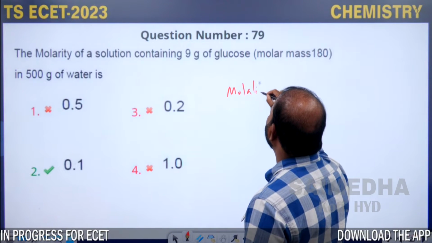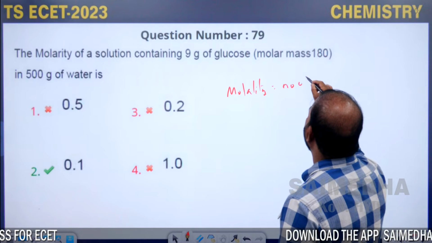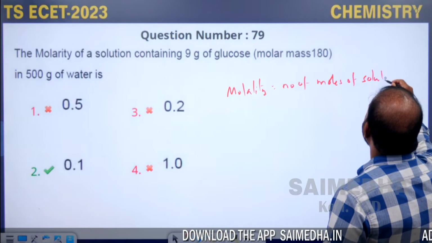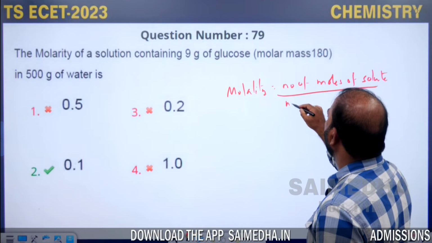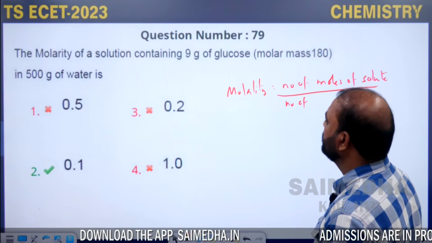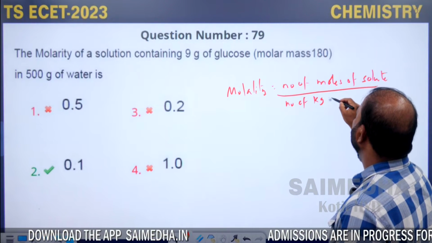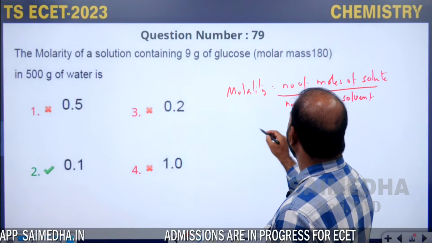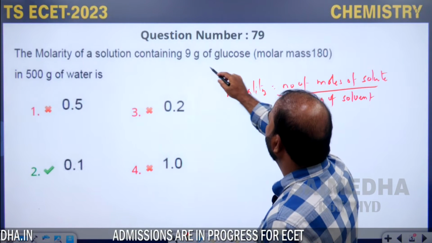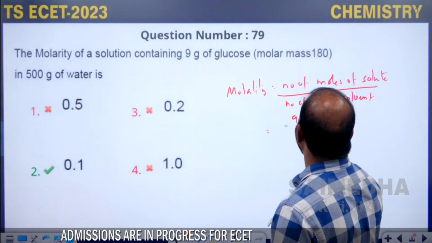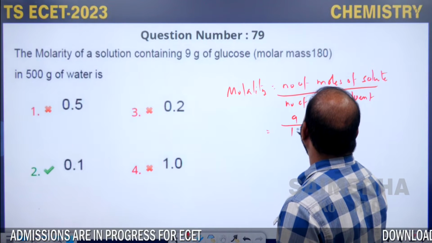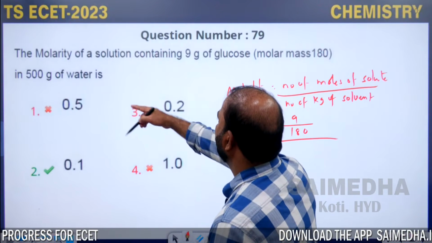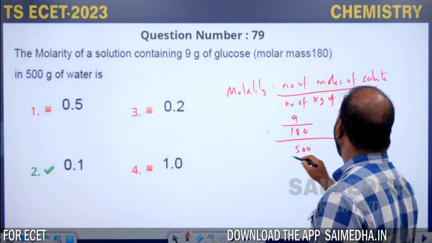Molality is equal to the number of moles of solute divided by the number of kilograms of solvent. The number of moles of solute is the weight of the solute, 9, divided by the molecular mass, 180, divided by kilograms of solvent, 500 by 1000.